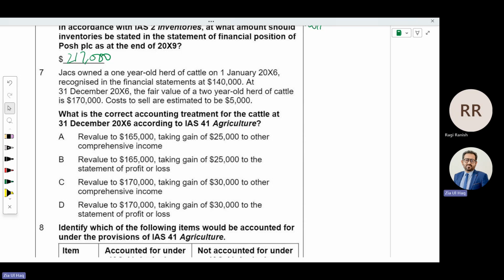So in 20x5, we can say their value was 140,000. What is the value at 20x6?